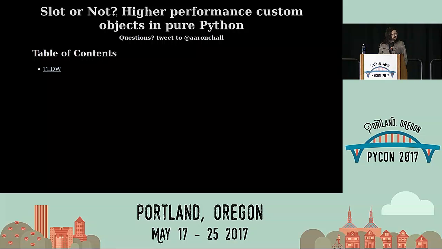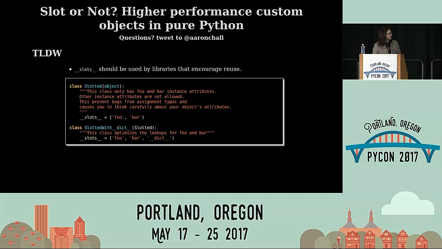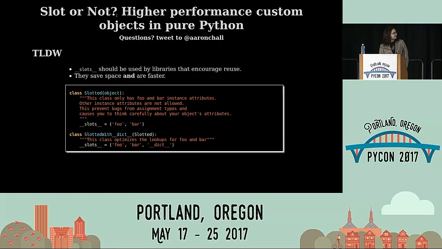Welcome. I wanted to start off with a "too long, didn't watch" for our potential watchers on YouTube. The basic idea of this talk is that slots should be used by libraries that encourage reuse. They save space and they are faster.